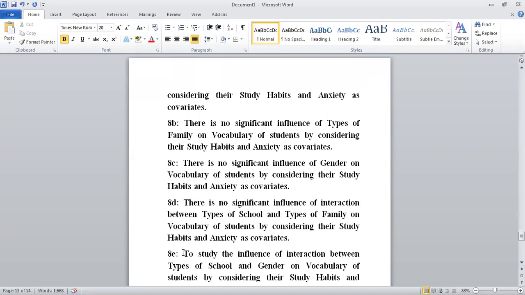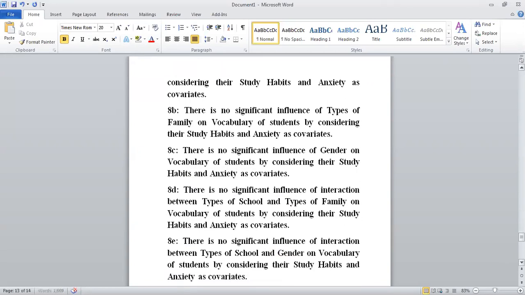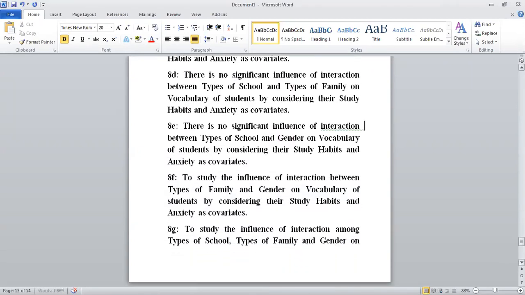Then your another is there is no significant influence of interaction between the types of school and gender on vocabulary of students by considering their study habits and anxiety as covariates.